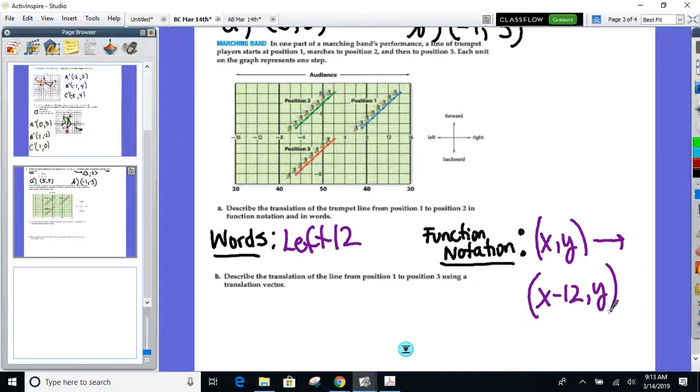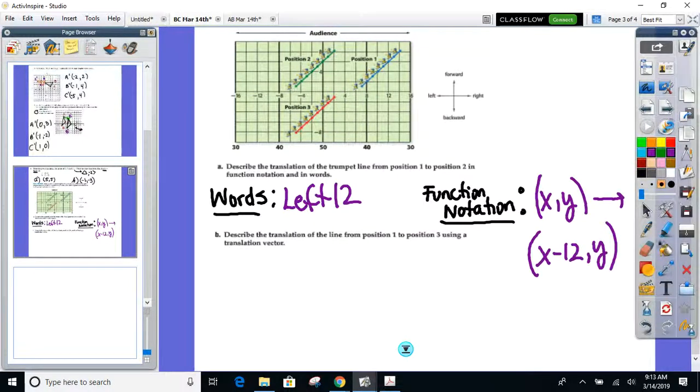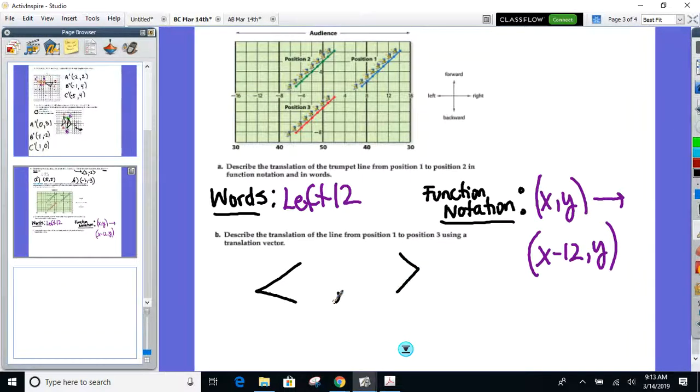Good there? Last one. Now you're going from 1 to 3. How do I go from 1 to 3 but leave it in vector notation now? And you can assume that if it's in the middle, it is a half. All right, half. It's right in the middle.